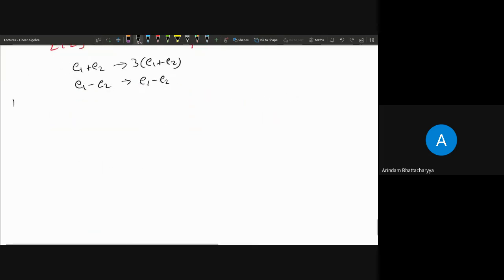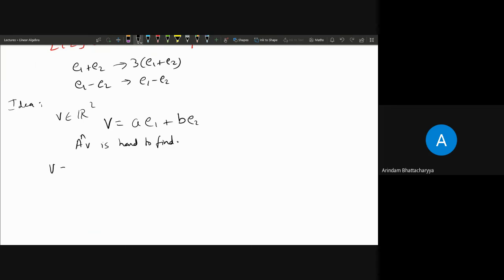So here's the idea. Initially we had V in R2 and we were expressing it as some combination of E1 and E2, and then A to the power n applied to V is hard to find.